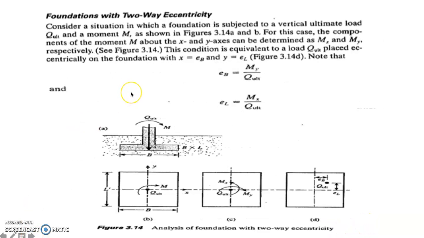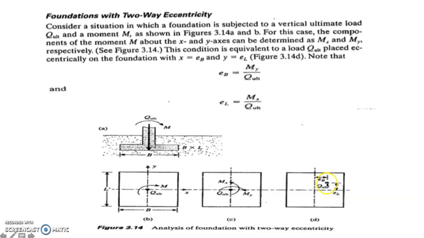Then you have here foundation with two-way eccentricity. Meaning to say, in a foundation with two-way eccentricity, the load is acting at a distance from the x-axis and at a certain distance from the y-axis. So this is the position of the load. It is acting away from the y-axis and it is acting away from the x-axis.